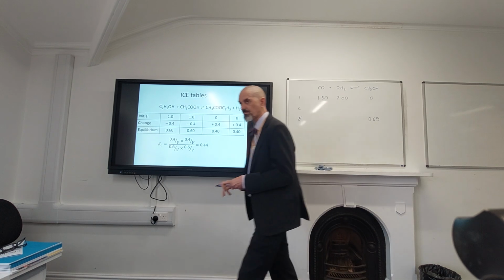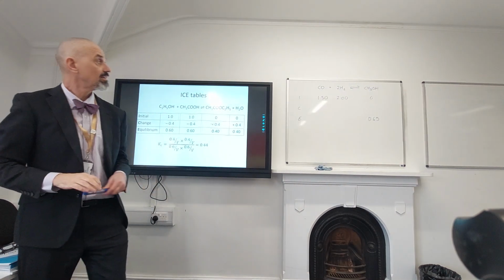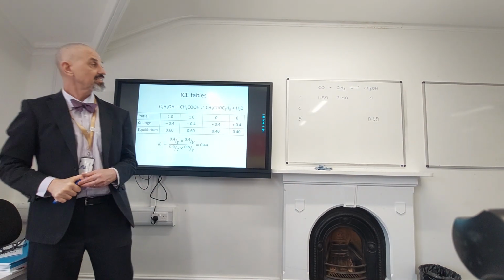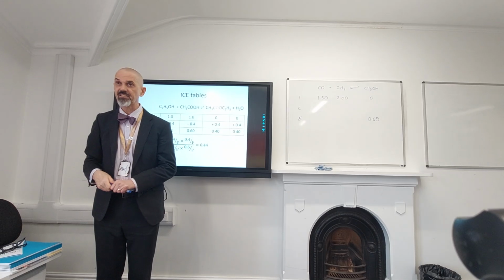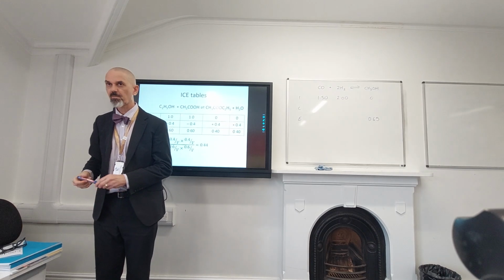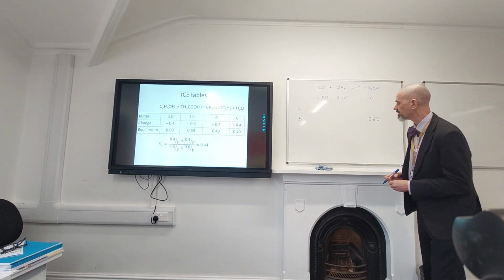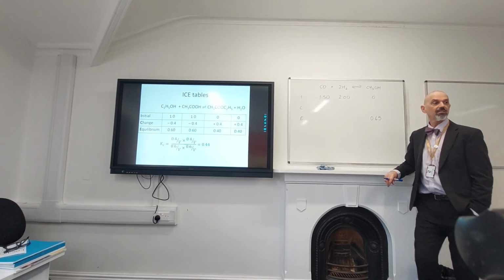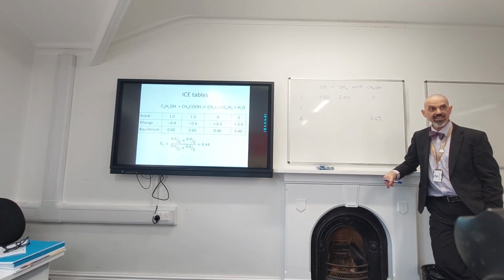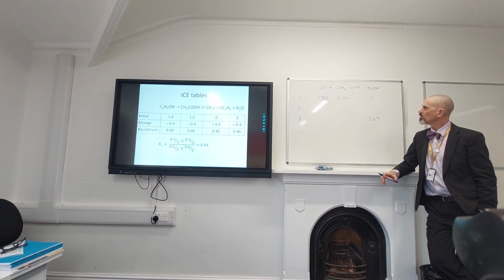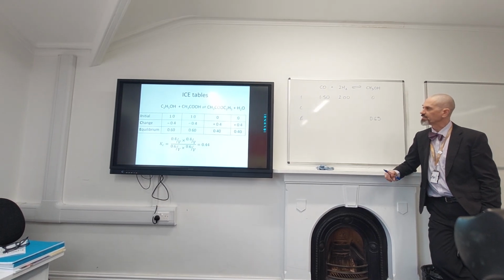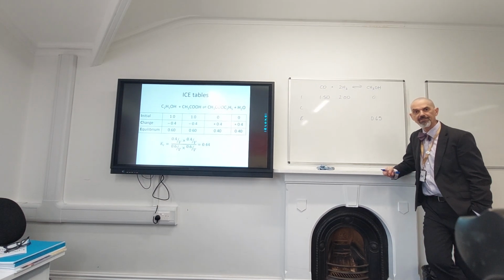Okay. So our first step is to fill out the rest of the ICE table. Let's just walk through it. I'll give you a moment to get that all written down. Maybe think about which numbers in the ICE table we can get to first.